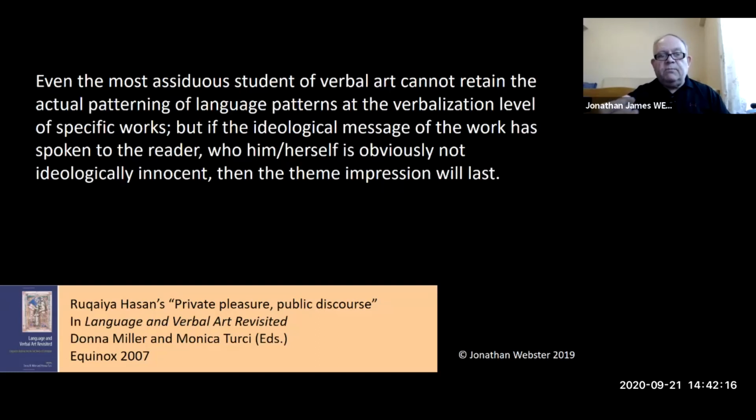Has the ideological message spoken to you? Now you see, when someone writes poetry, or gives a speech, there is more to what's being said than immediately meets the eye.